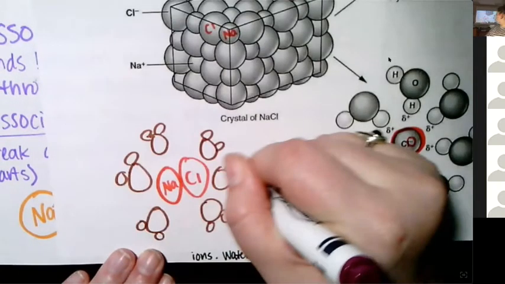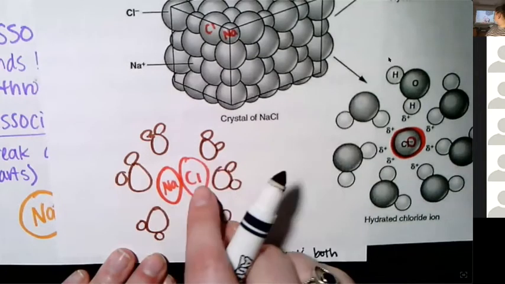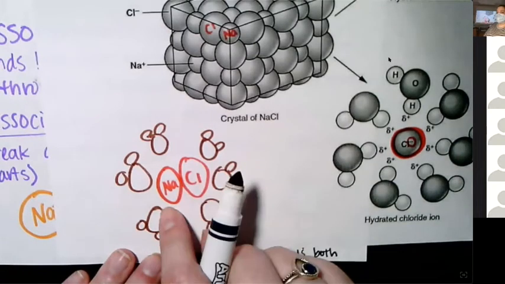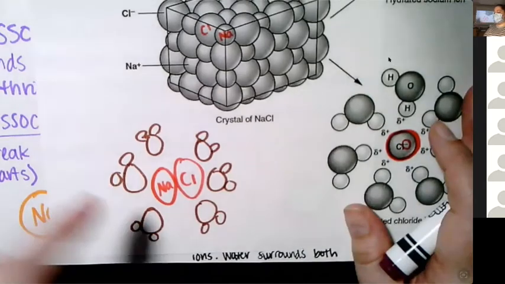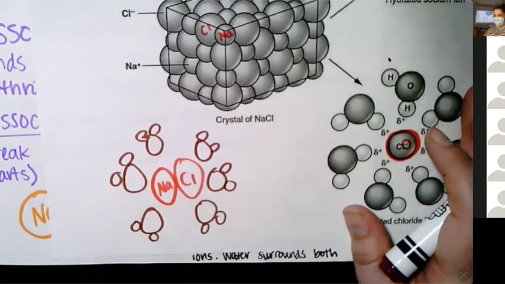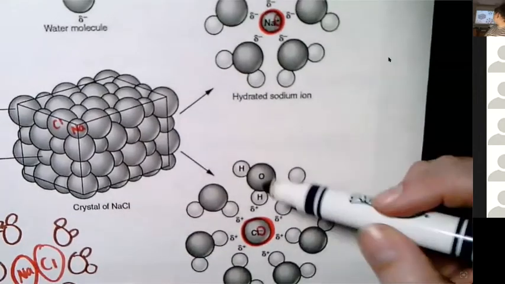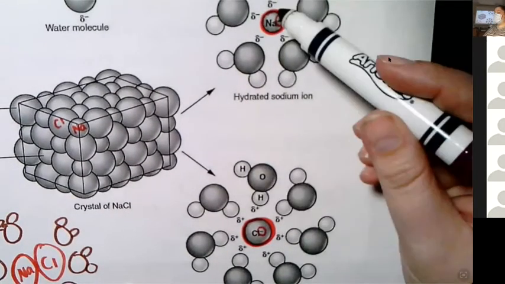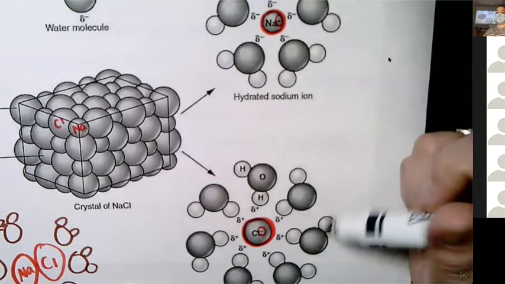So this right here, if it was surrounding both of them, is just solvation. But because NaCl is an ionic compound, instead what happens is it gets separated into its parts, Na and Cl. Ions.